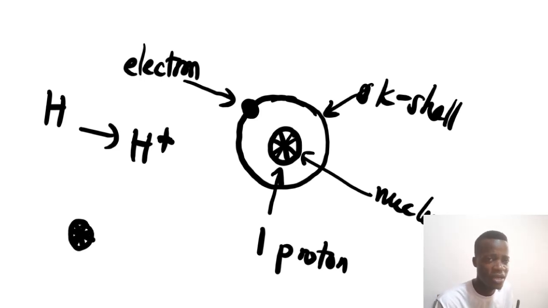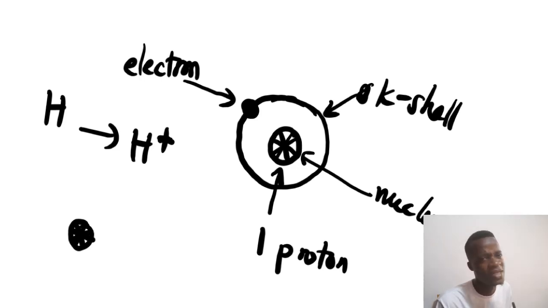We already looked at that: group 7 elements have 7 valence electrons on their valence shell, so to attain 8, they need to take 1 electron in excess. Hydrogen has 1 electron on this shell, and to attain stability, it can decide to go for another electron, to have 2 electrons on the K shell, and that's going to attain stability.